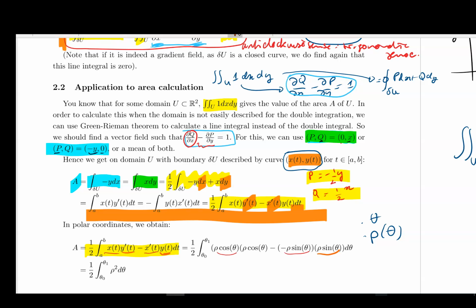Then the calculation is going to depend on the formula you have for rho, but in the end it's just 1 over 2 the integral from theta 0 to theta 1, which is enough to describe the closed curve that's giving you your domain, of rho squared. Okay, so that's it. Next we will have an example of this calculation.